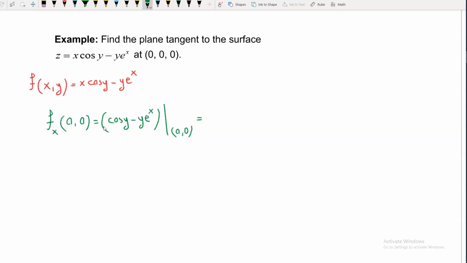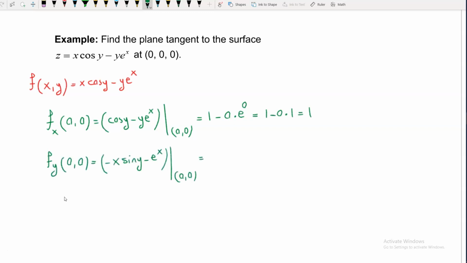This is equal to cosine 0, it is 1, minus y, it is 0, times e power 0. So this is equal to 1 minus 0 times 1, and this is equal to 1. And partial derivative of f with respect to y at this point is equal to, here we have cosine y, so it is negative sine y times x, minus what we have for this part, partial derivative with respect to y, it is minus e to the x at this point, 0, 0.